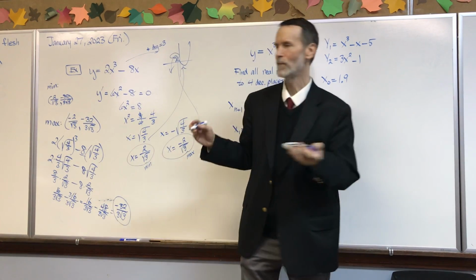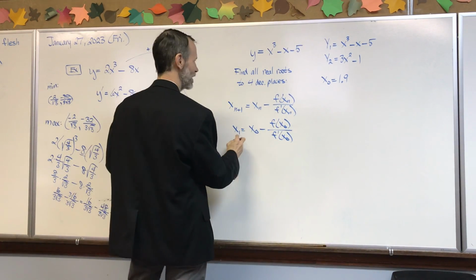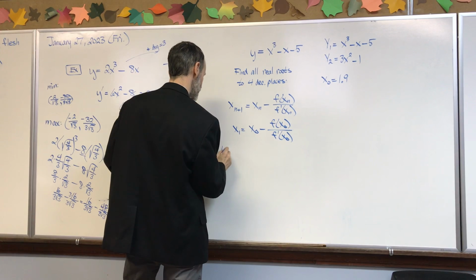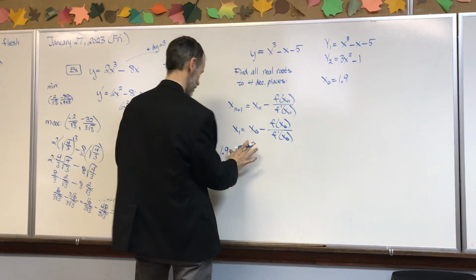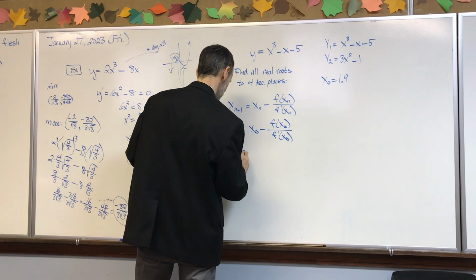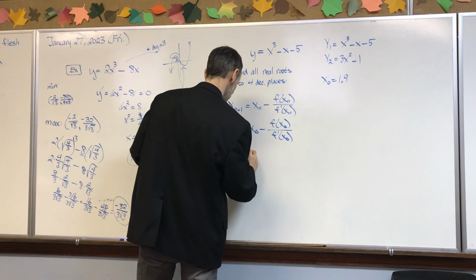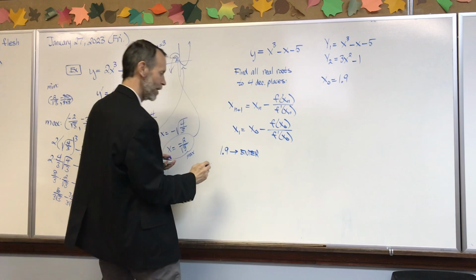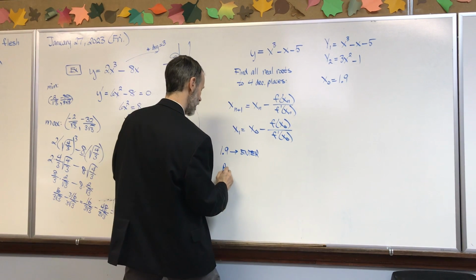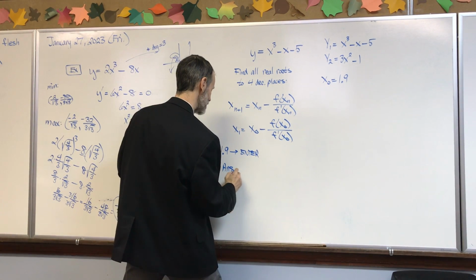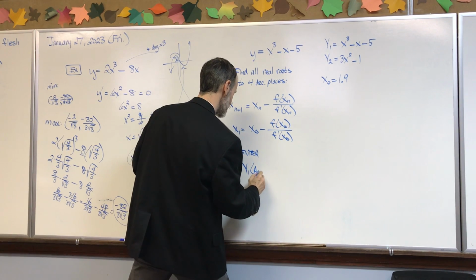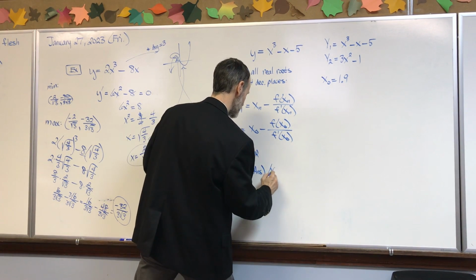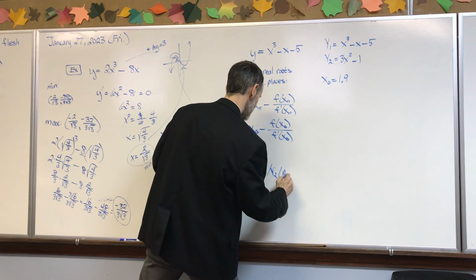The speedy way to do this is to take your first guess and just hit enter. Then you type this: ANS minus y1 of ANS divided by y2 of ANS.